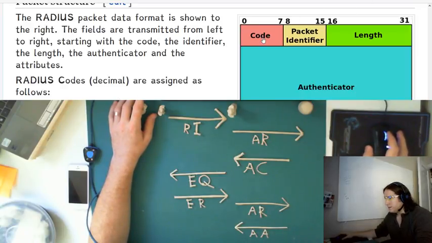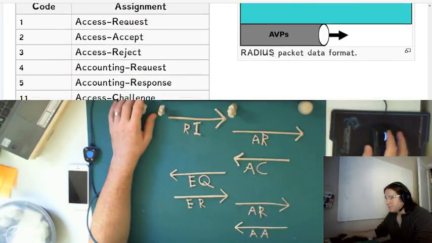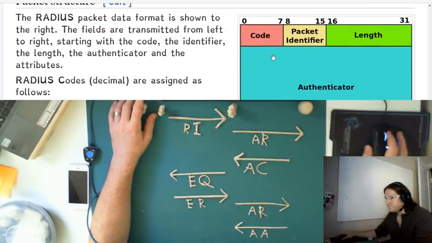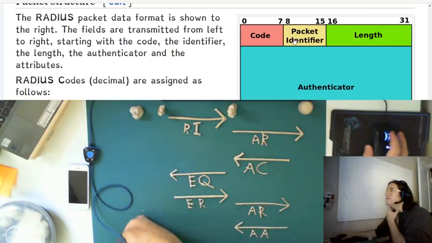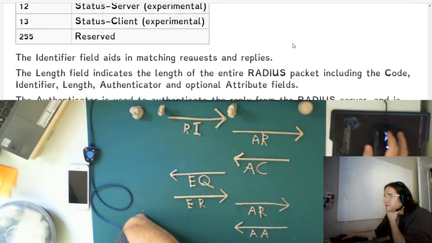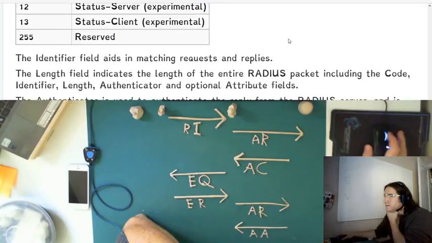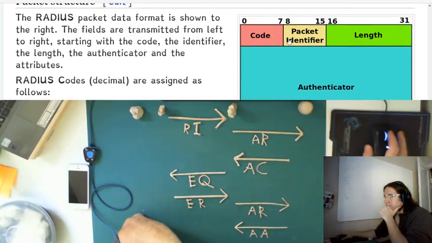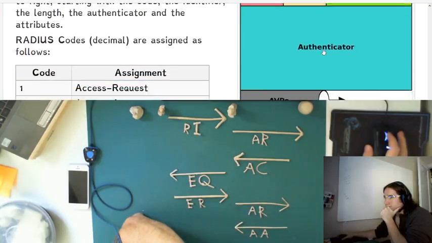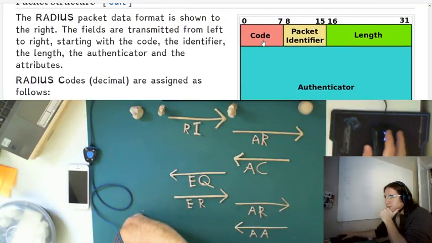So the code, if it was a code 3, it would be reject. Packet identifier. What is the authenticator? Okay, so the packet structure is that.